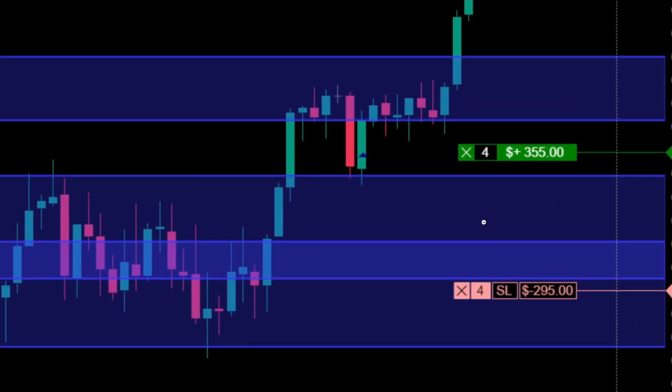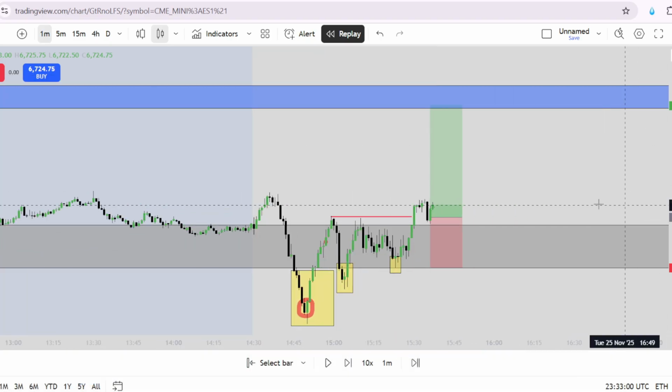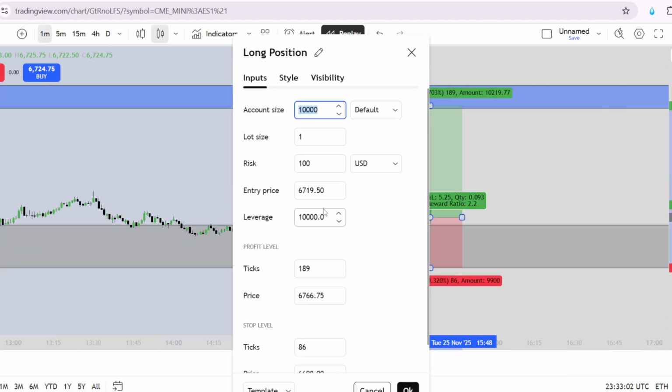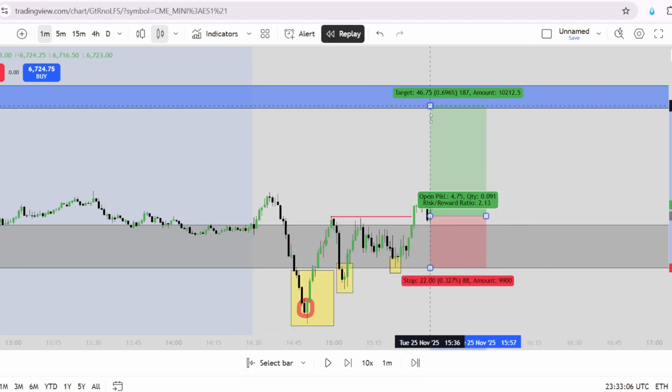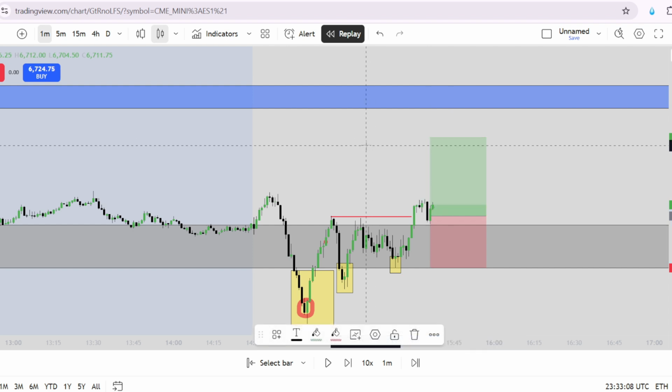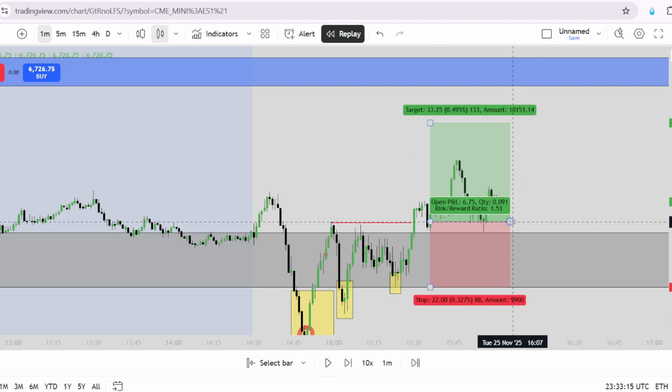My execution was at 67.19, let's just call that 67.20, with stops just below 67.05, below the zone. And I think I targeted around a 1.5R risk reward. Again, another thing, this trade was really difficult to actually hold.